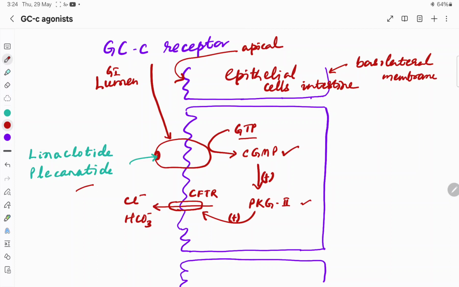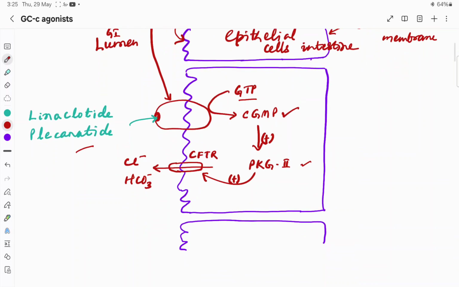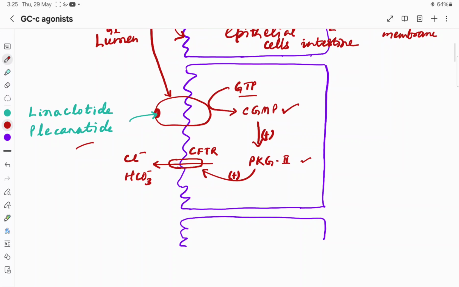CFTR stands for cystic fibrosis transmembrane conductance regulator, and it regulates the conductance of two anions, chloride and bicarbonate.